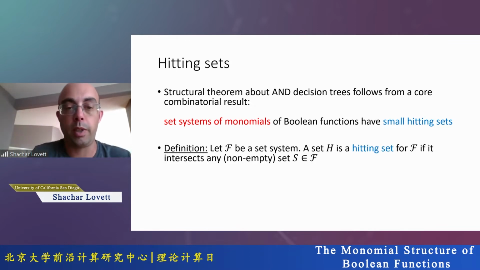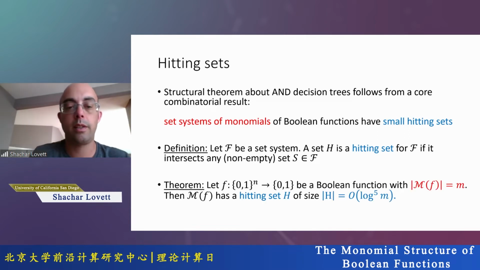So let's define this formally. If F is a set system, a family of sets, we say that the set H is a hidden set for F if it intersects all the sets S in F, except, of course, the empty set. Meaning that H is a set of variables such that every set in the set system contains at least one of the variables in H. Okay, that's what's called the hidden set.